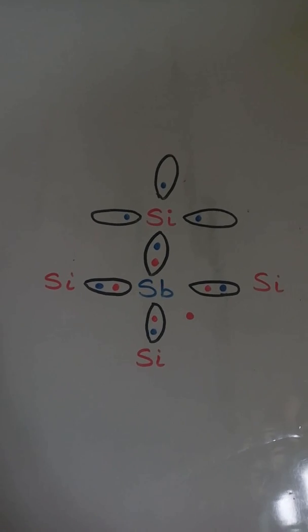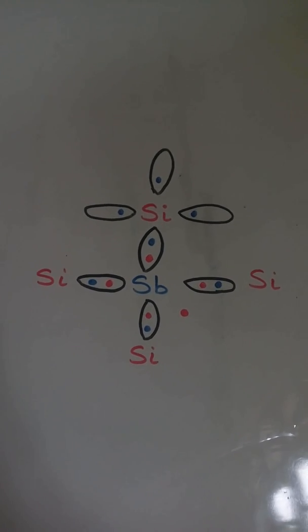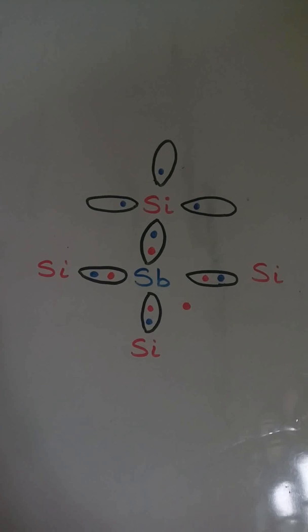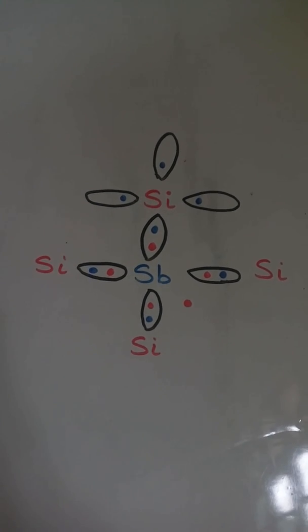One electron is going to be unbonded, which is free to be excited into the conduction band to conduct electricity.